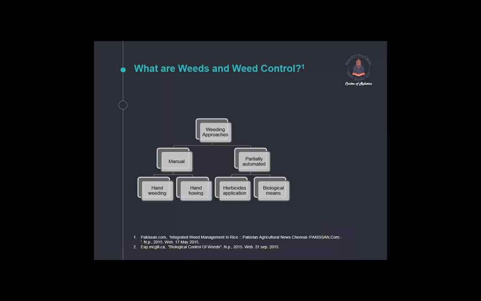In herbicide spray, the problem that we have is that herbicide is sprayed uniformly all across the field. When the weed infestation is detected, the whole crop is sprayed uniformly, and they do not see which areas need to be sprayed.